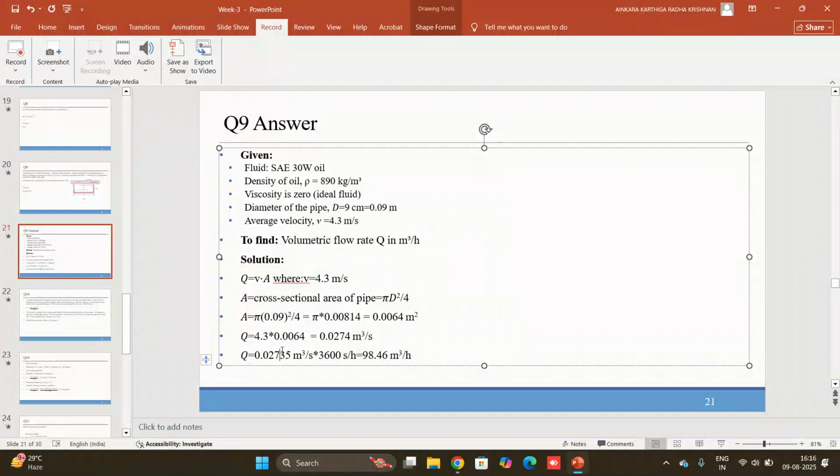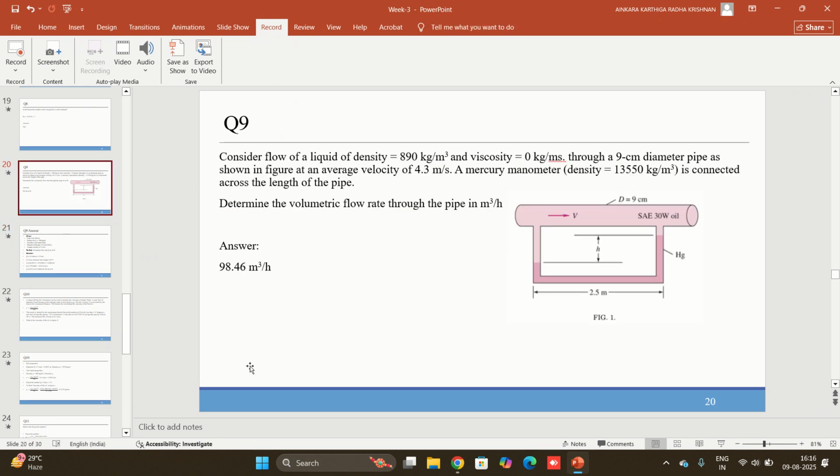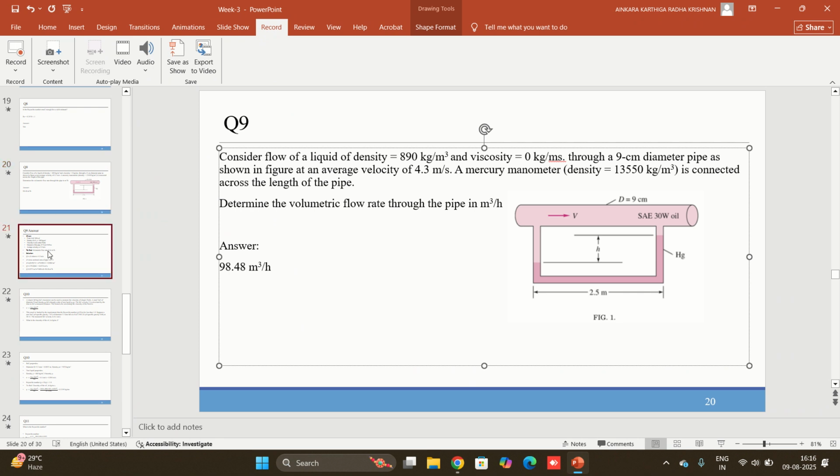So Q is equal to 0.0274 in meter cube per second. Now if we want to convert it into meter cube per hour, what we will do? We will multiply by 3600. It is 98.48, because we changed digits. But anyways, that is fine.